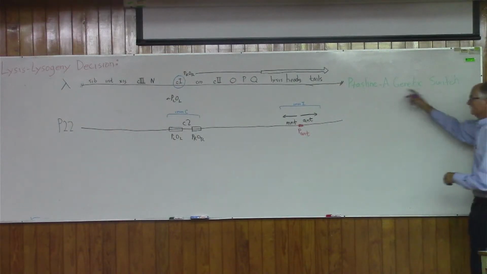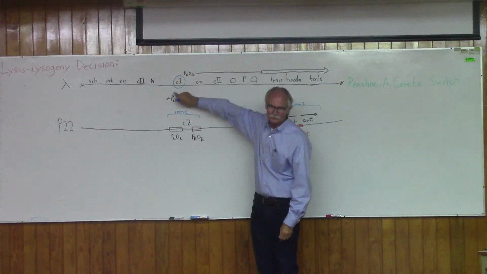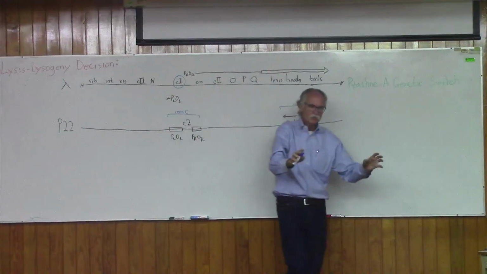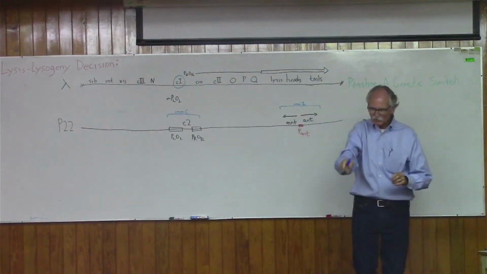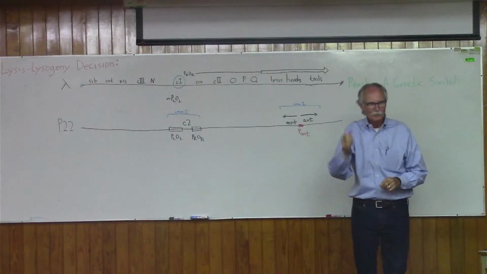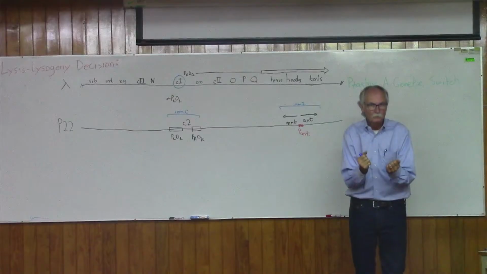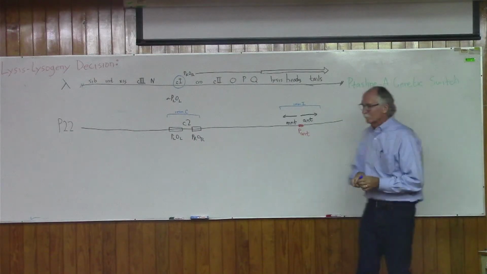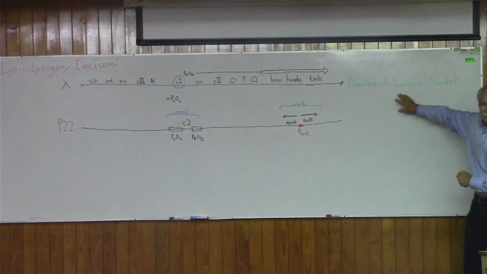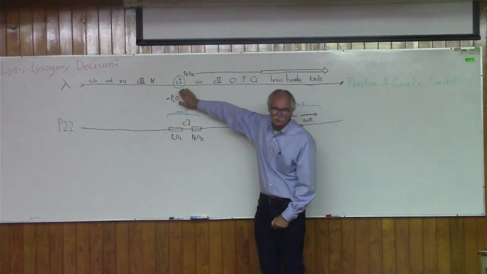By the way, Mark Ptashne is the one who first purified this repressor and showed how it worked. And there's a YouTube video that you can watch that Professor Antonio will give you the link to, called The Race for the Repressor. Because Mark Ptashne was working very hard to isolate the lambda repressor.